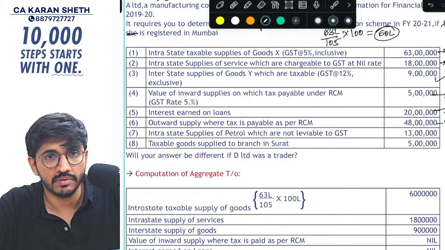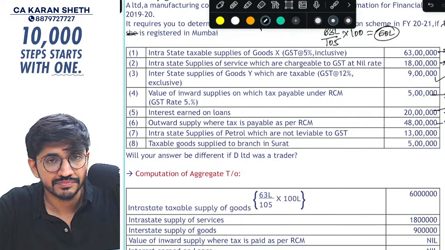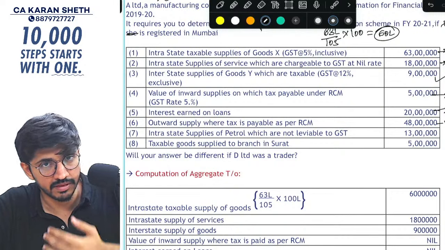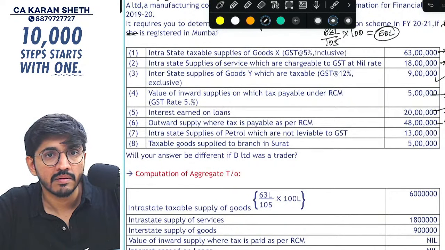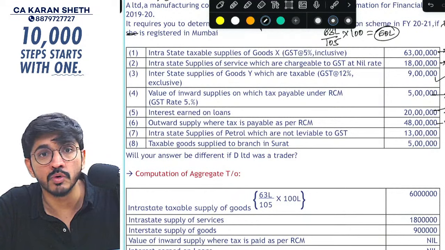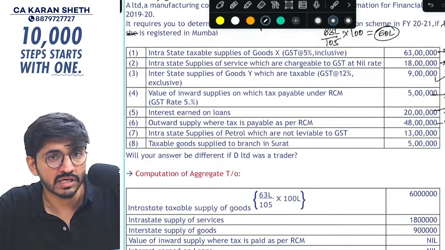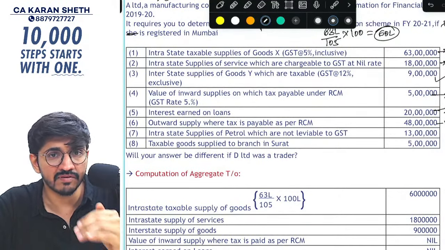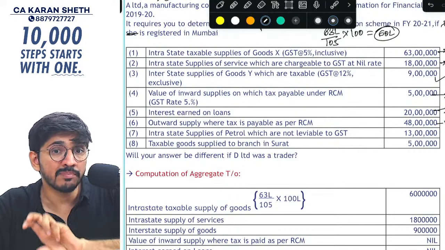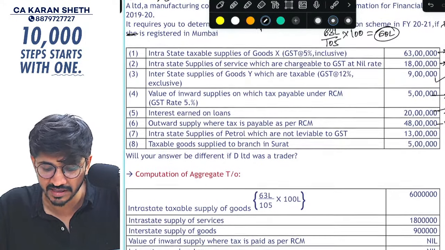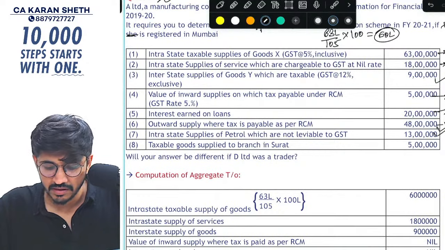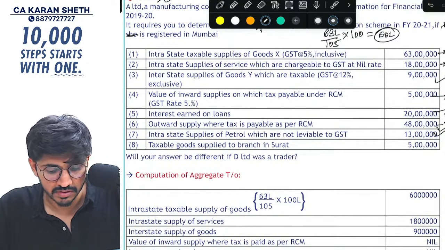Okay, perfect. But are we in the current financial year? No. Have we taken the compo scheme? No. We are just checking whether we can take it or not by viewing the previous financial year's data. Definitely take it, right? And taxable goods supplied to the branch in Surat.